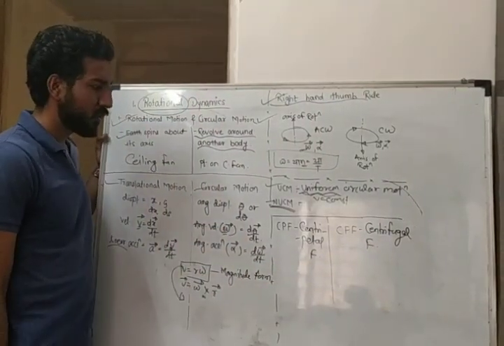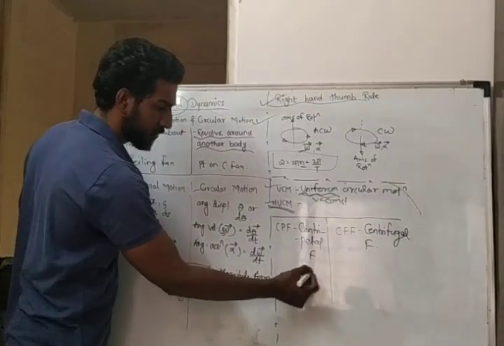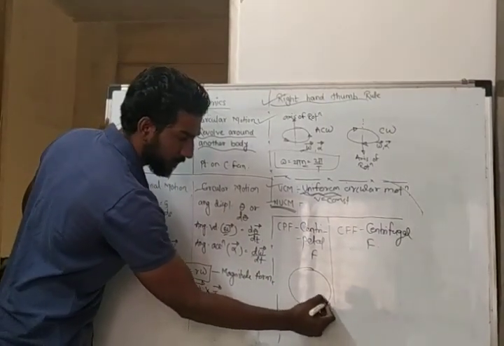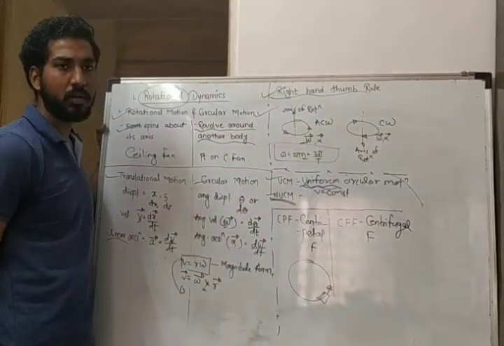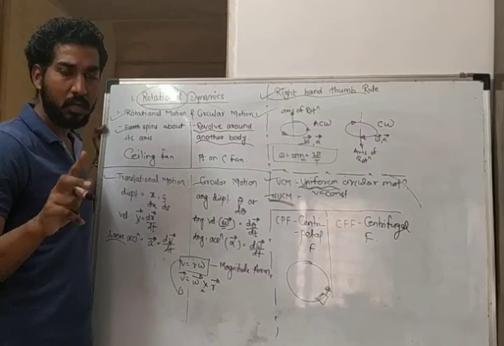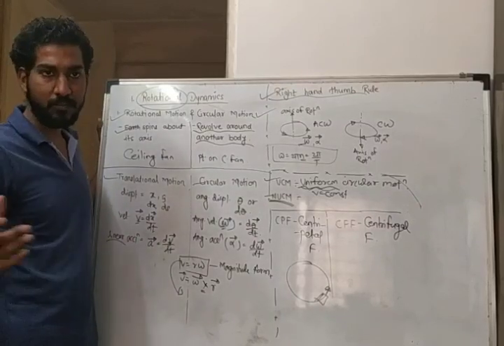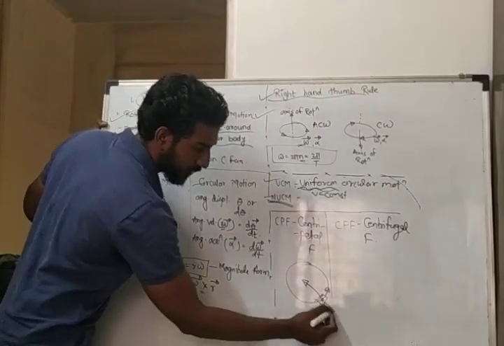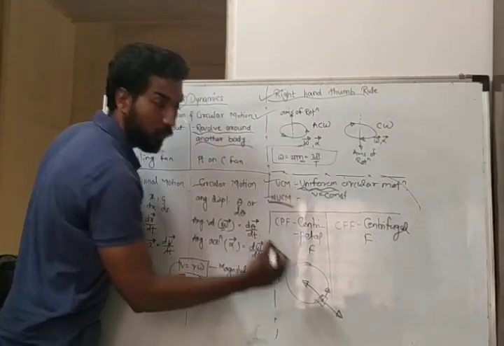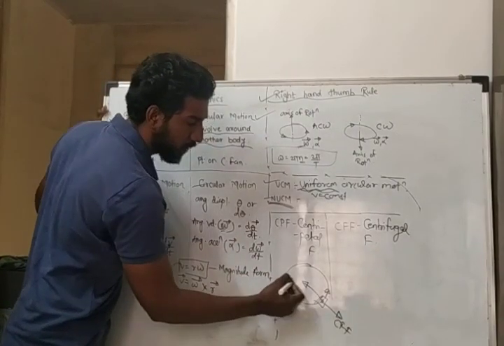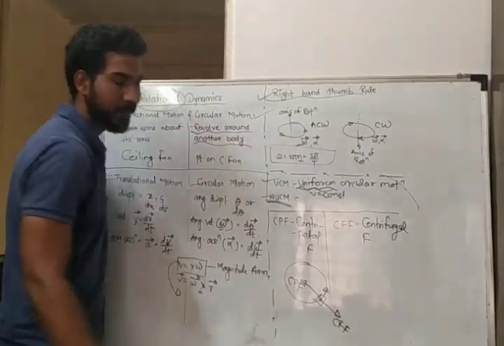We know that if a body is moving, suppose a car has circular motion, there is application of two forces. One force goes outside and another is inside. The outward force is the centrifugal force, CFF, and the inward one is the centripetal force.